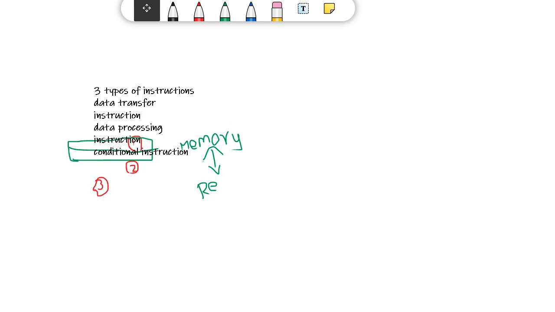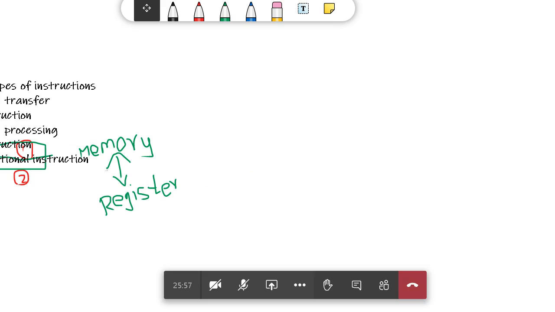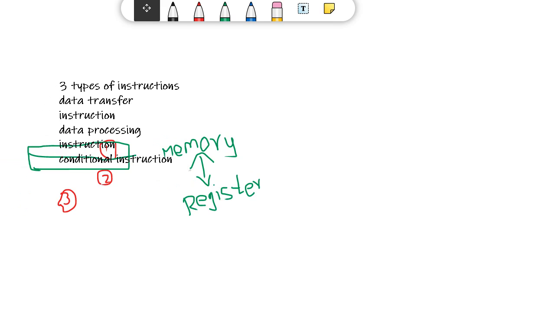Both ways are possible. First we will discuss the name of the instruction and how the data movement takes place.